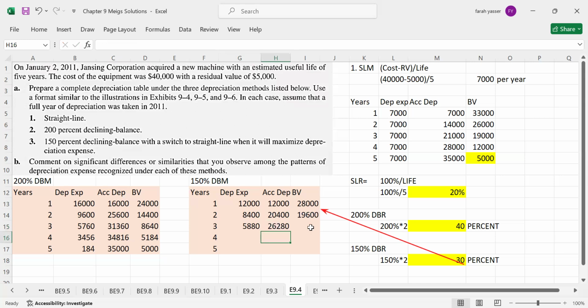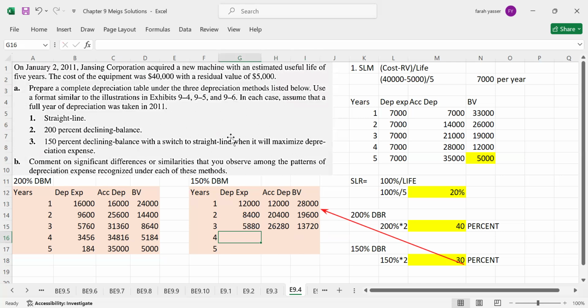So this is your accumulated depreciation, and the cost minus accumulated depreciation is your book value at the end of the third year. Now, as it is written, switch to the straight line method when it will maximize depreciation expense. Now you can say it has already maximized depreciation expense. So we will switch it to the straight line method.